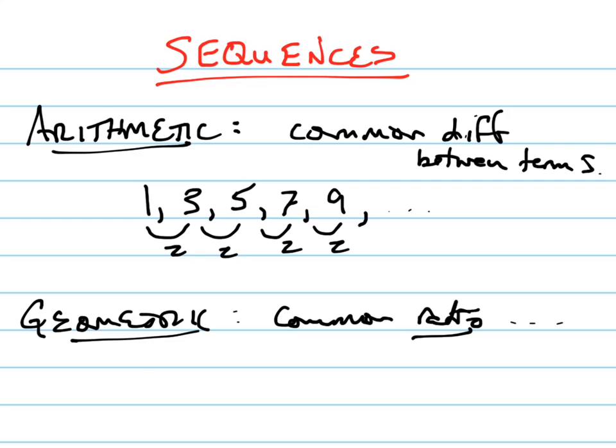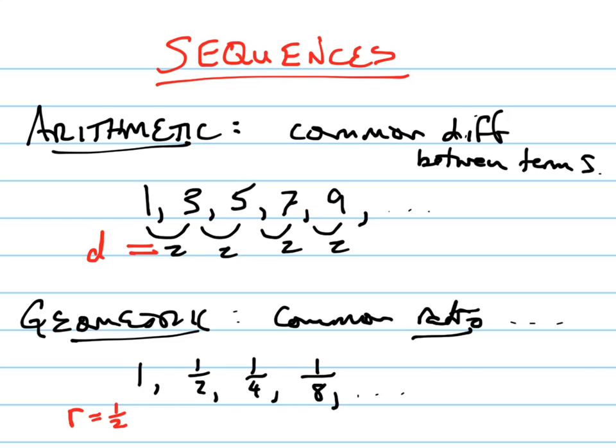So for instance, geometric might be 1, 1/2, 1/4, 1/8, etc. Here on the arithmetic one at the top, the common difference, which we usually call D, is equal to 2. Here, the common ratio, which we call R, is equal to 1/2.